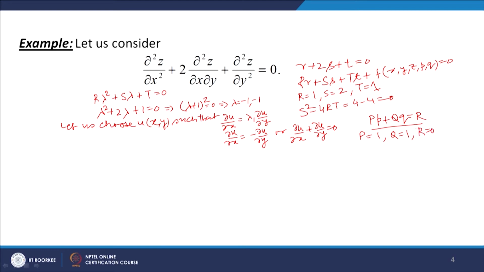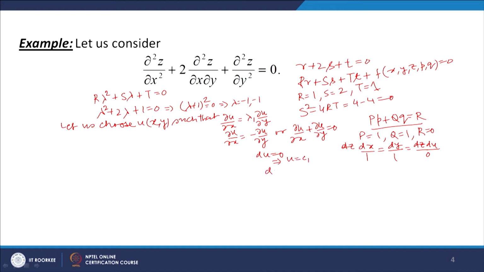Now we have the characteristic equations: dx divided by 1 equal to dy divided by 1 equal to du divided by 0, because here the dependent variable is u, and therefore we have du equal to 0, which implies u is a constant, say C1.